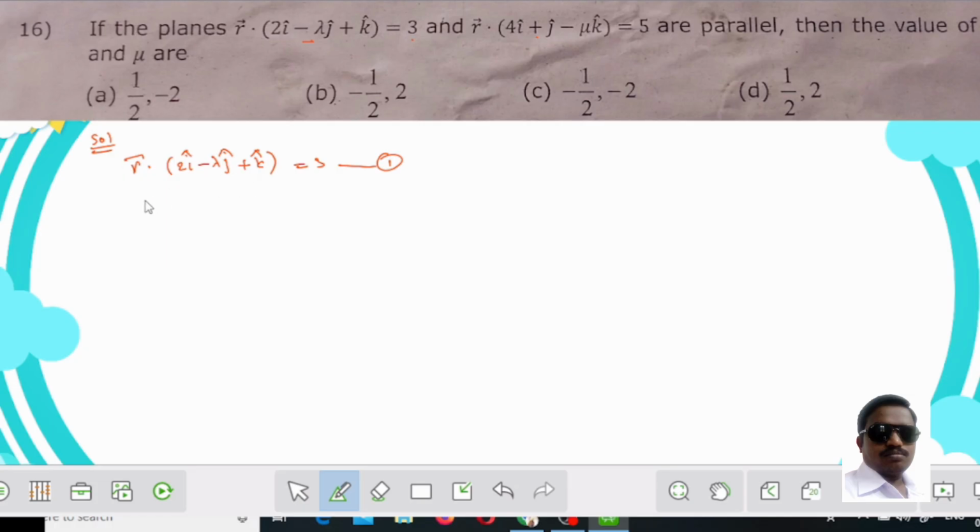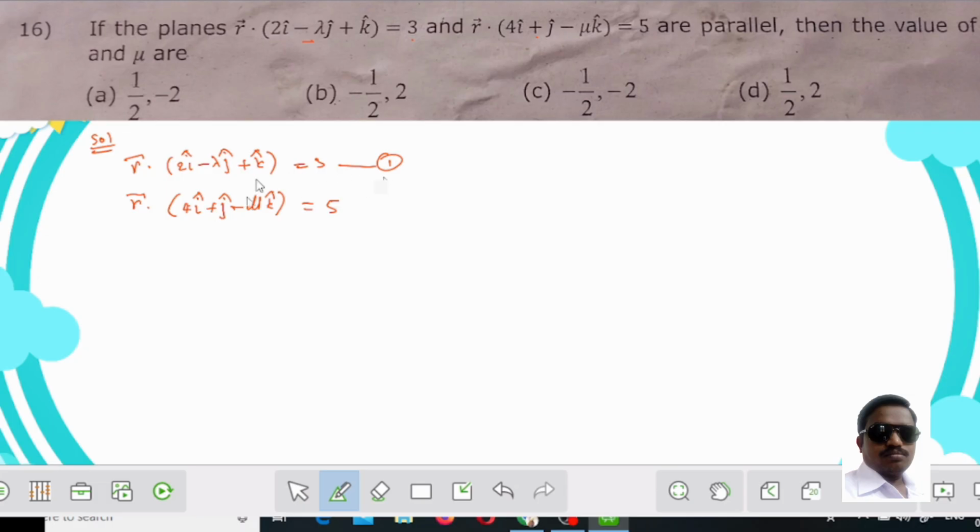This is the fact. So now you compare these two planes. The first plane is this, and the second plane is r dot (4i plus j minus mu k) equal to 5. See, look at this vector. This is an equation of a plane perpendicular to the vector.